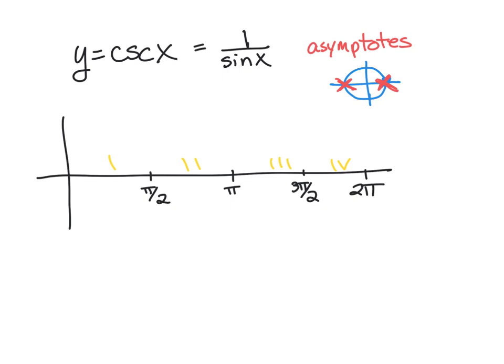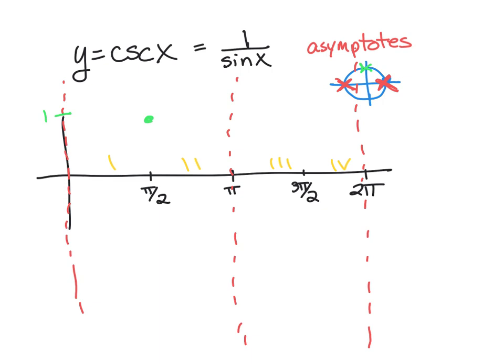So let's do this. We have asymptotes at the beginning of quadrant 1, between 2 and 3, and at the end of quadrant 4. Sine equals 1 here. So between 1 and 2, the sine is 1. 1 over 1 is 1.